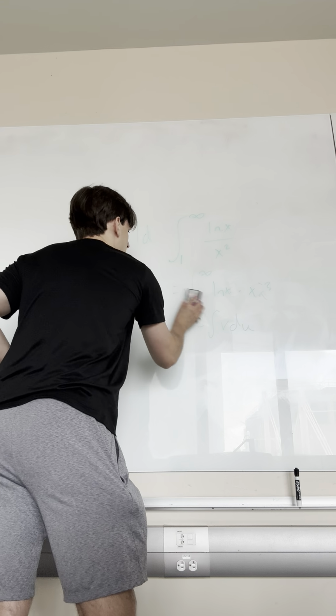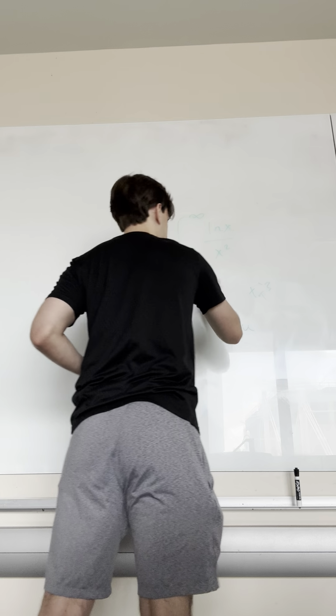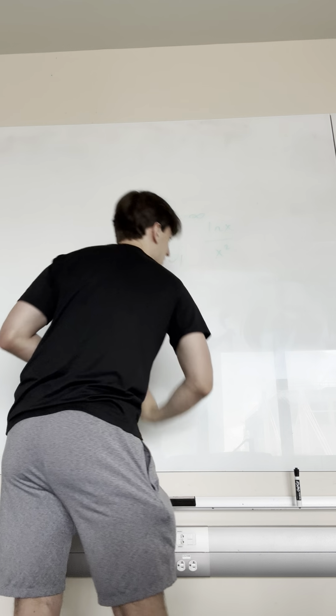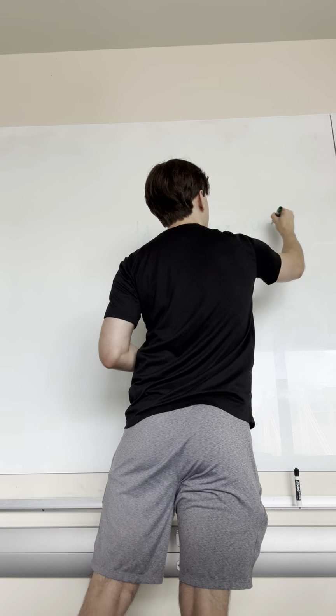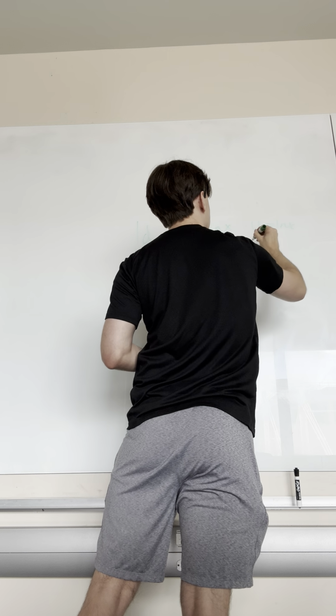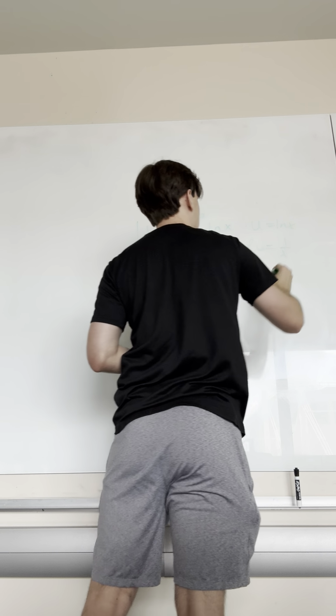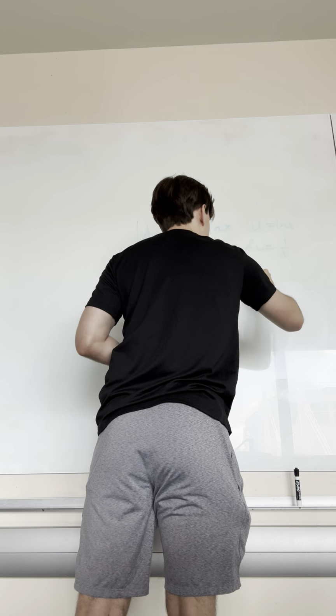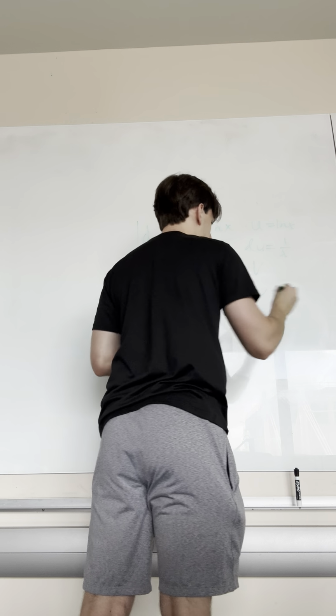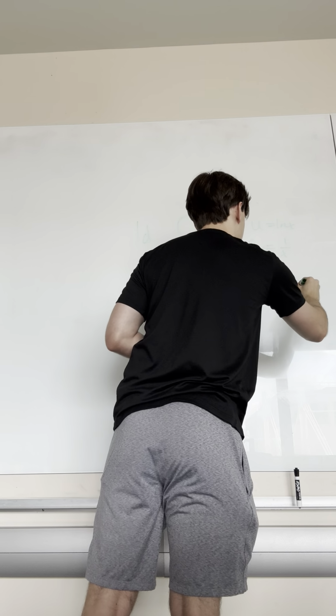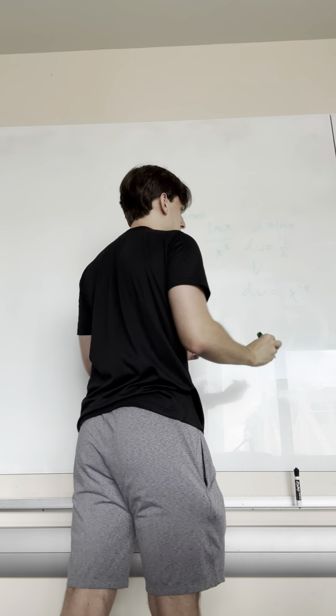So for our problem here, u will be ln of x, because the derivative of that is just 1 over x, and then dv is x to the negative 2, which we can integrate using the power rule.